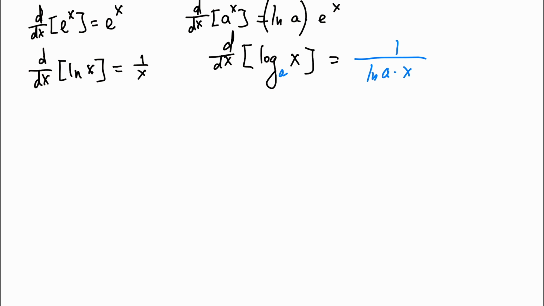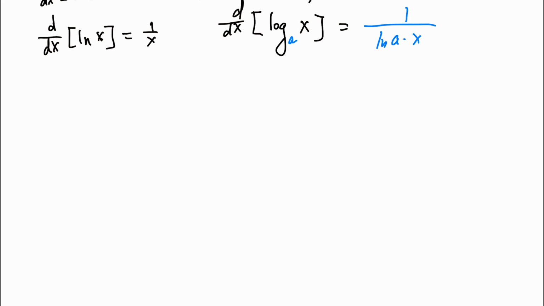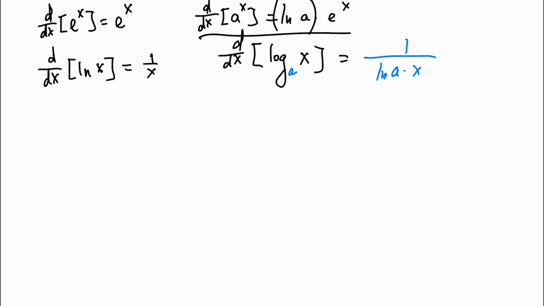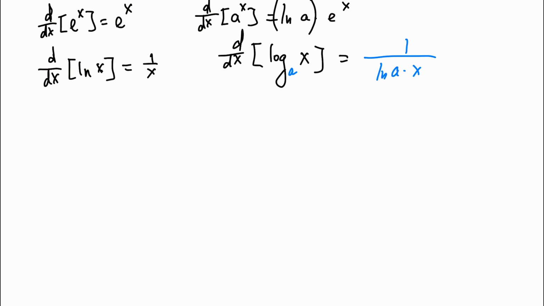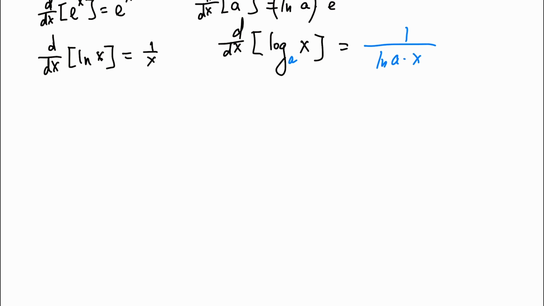But I will prove it rigorously. And we can use a similar thought to when we derived this thing to derive our new rule over here. We can break it up so we can use the change of base.